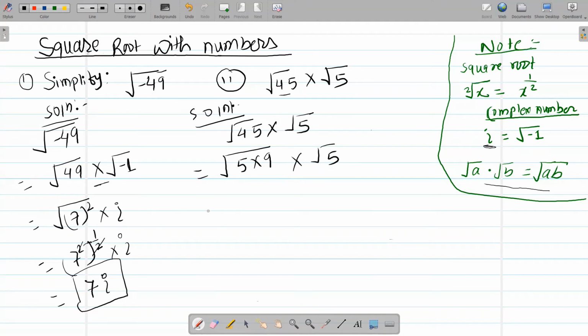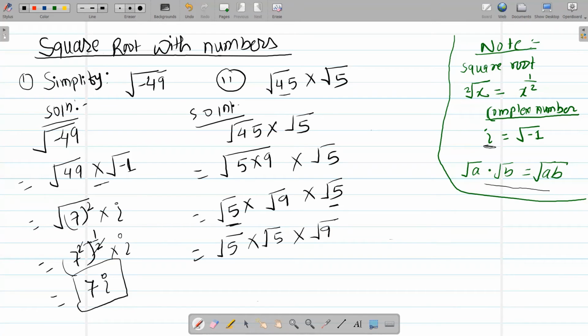We can distribute the square root on both numbers. You can write square root 5 times square root 9 times square root 5. Now we bring the square root 5s together, both the same: square root 5 times square root 5 times square root 9.